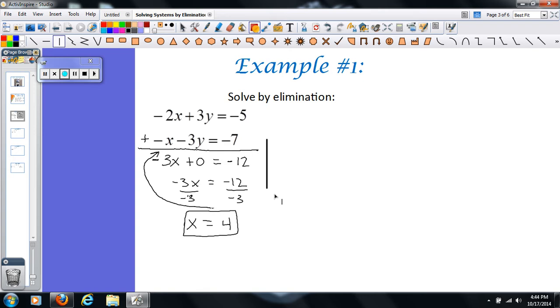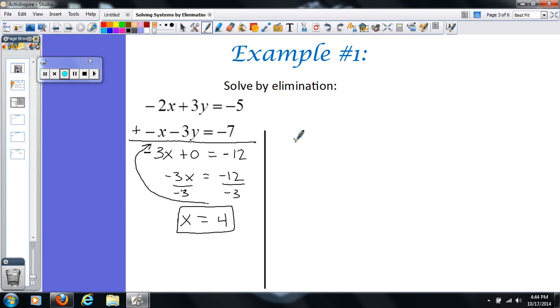So now I'm going to substitute, and I'm going to say negative x, which was 4, minus 3y equals negative 7. And again, I have one equation, I have one variable, I can solve this. So this is negative 4 minus 3y equals negative 7.